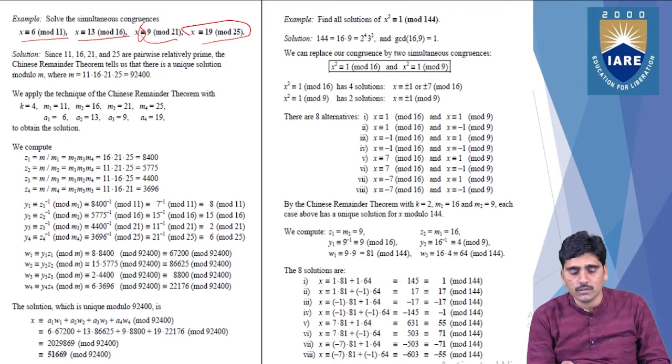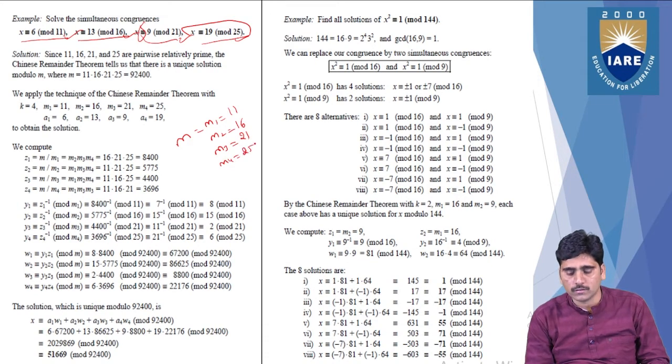Here you can see 11, 16, 21, 25 are the M values. That is M1 value 11, M2 value 16, M3 value 21, and M4 value 25. Right. Now with the help of these you can find the M value.